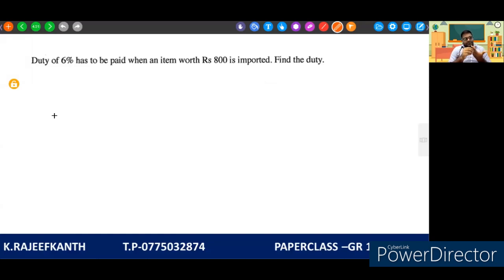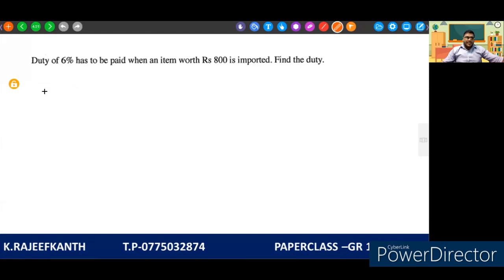Duty of 6% has to be paid when an item worth rupees 800 is imported. Find the duty. Right. Here duty for 100 rupees is 6, because 6%. So we have to pay 6 rupees for 100 rupees.